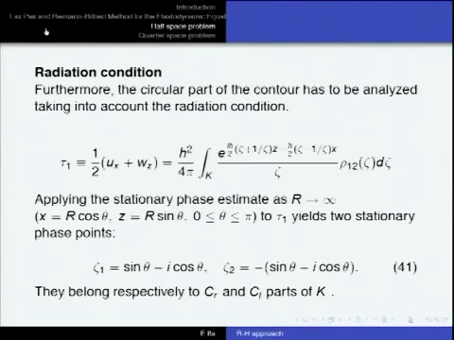So we just rewrite the tau 1 again as the integral and apply the stationary phase estimate to it. And it appeared that there are two stationary phase points, and they belong to the left and to the right parts of the circular contour.